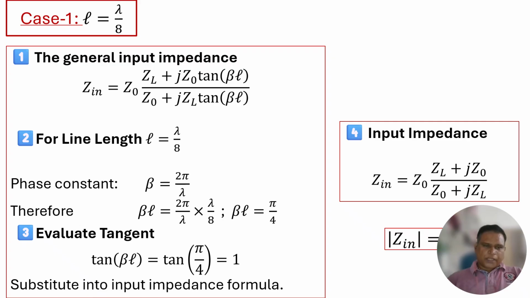Evaluating tan beta L, that is equal to tan of pi by 4, that is tan 45 degrees, which is equal to 1. Substituting this value in the input impedance formula, Zin is equal to Z0 into ZL plus jZ0 divided by Z0 plus jZL. Therefore, the magnitude of Zin is equal to Z0.